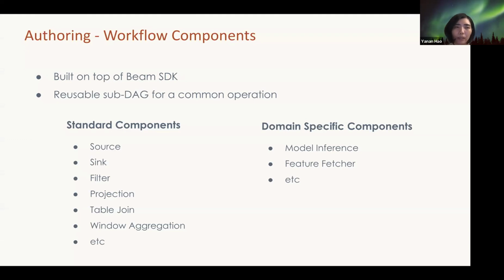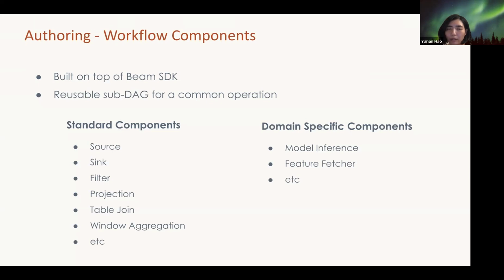For example, our team offers a list of standard components that can be applicable for all nearline applications, like a source, sink, filter, projection component, a table joining component, and a window aggregation component. We also allow partner teams to define their own domain-specific components that are reusable for applications in a specific domain.